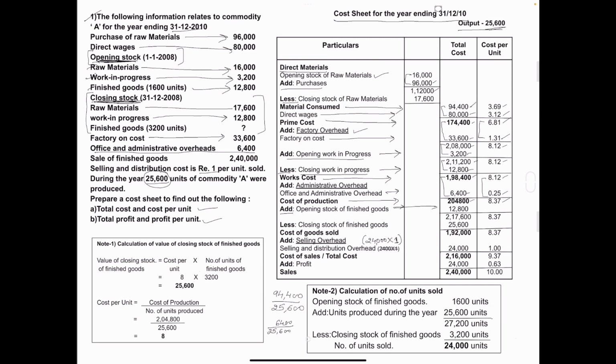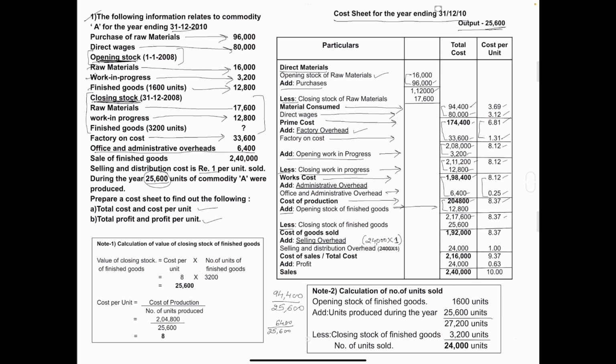We will take under this total cost only. Add these two amounts: 2,04,800 plus 12,800, and the amount is 2,17,600, and this will be the same.